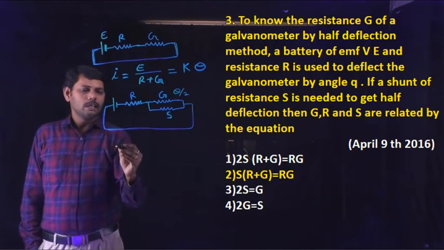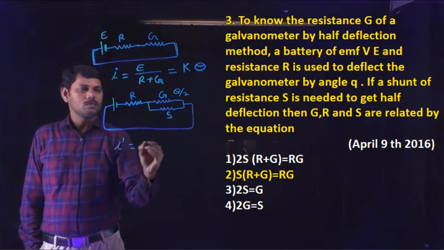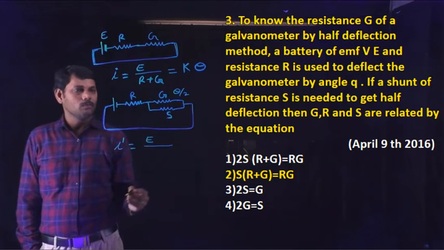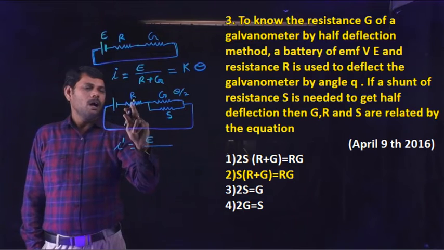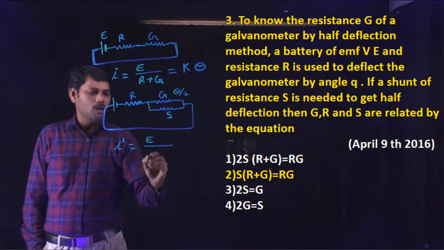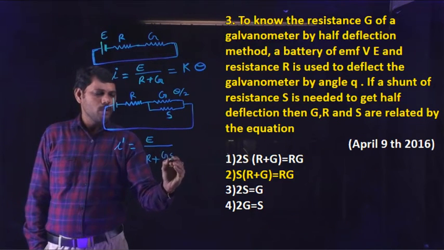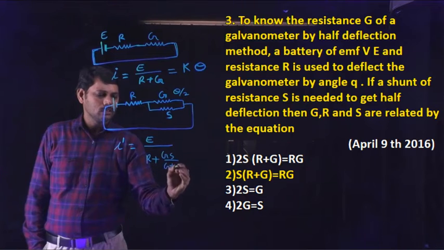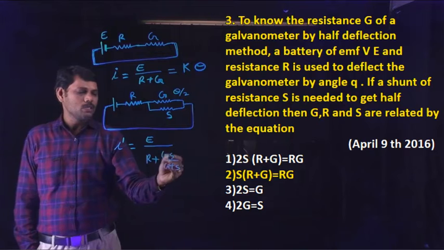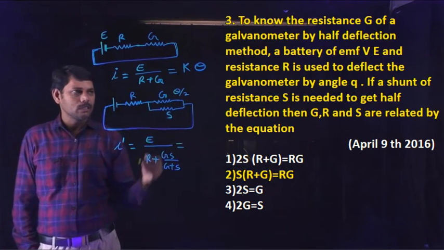Then the current passing in this case is I dash, which is equal to E, the EMF of the battery, by R in series with the effective resistance of G and S. R plus G and S in parallel, that is GS by G plus S. In the second case, the current I dash is equal to E by R plus GS by G plus S. This current gives a half deflection in the galvanometer, theta by 2.